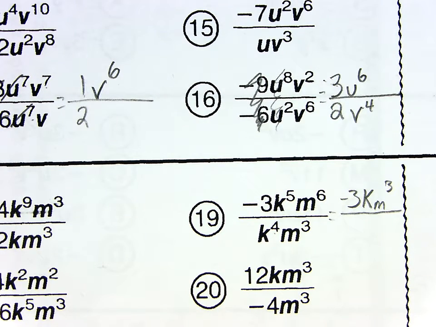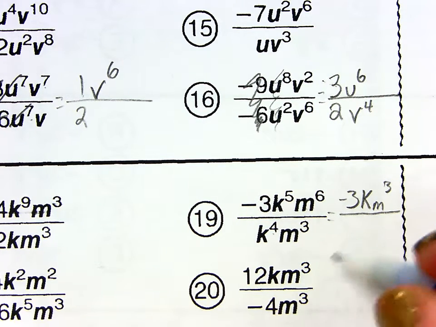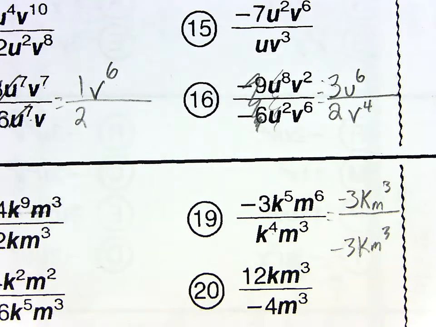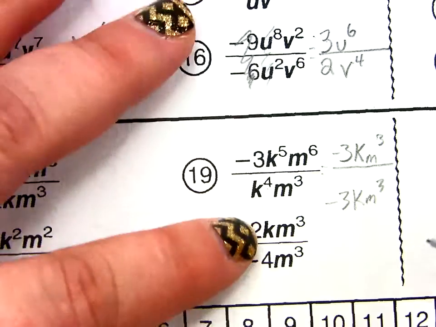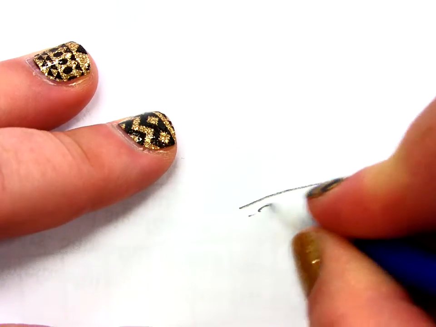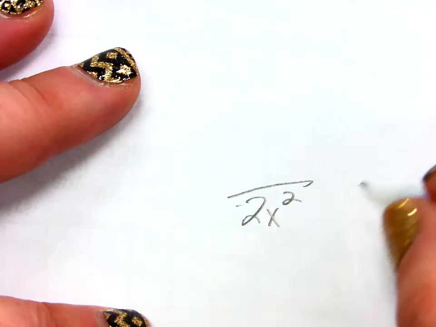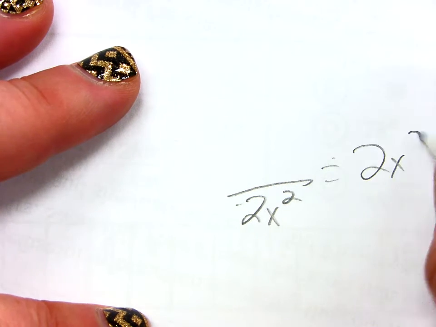What do I do if there's nothing in my denominator? You can put it in the denominator, we don't care. It's the numerator you can't leave blank. There really is a 1 down there, but if there's a 1 in my denominator, it's just negative 3k m to the 3rd. But if you have the opposite, something like this, this happens all the time, you'll get this as an answer, and then kids just say, oh, okay, so that just means 2x squared.